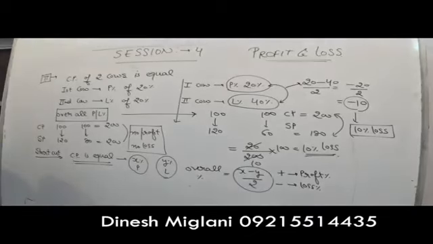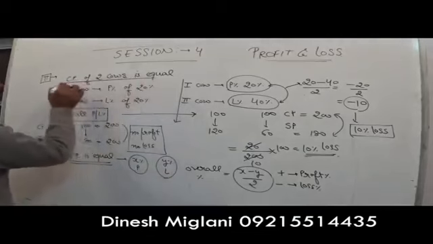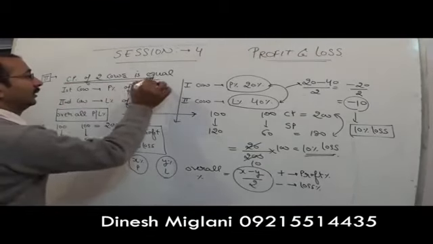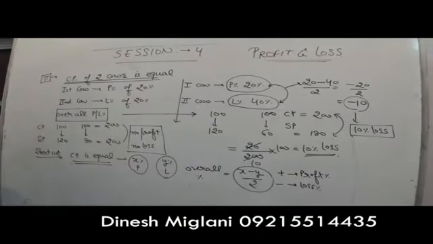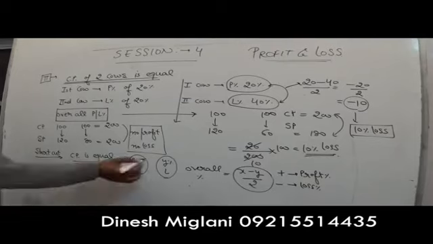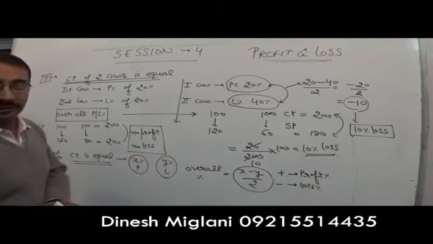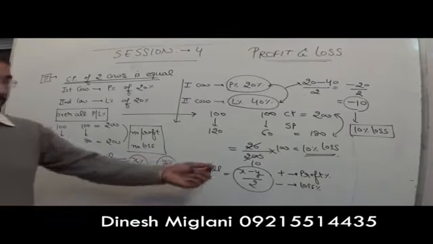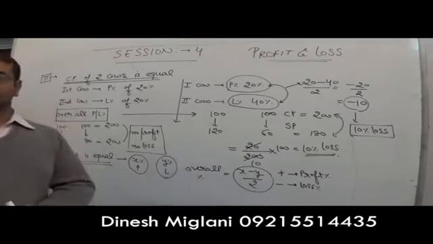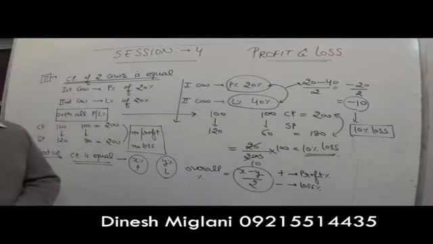I think this first concept is clear to you. The first topic talks about where CP is equal. Where CP is equal and one is sold at profit, second is sold at a loss percentage. For finding the overall profit or loss percentage, we just take the average. Means if both are at the profit, it would be X plus Y upon 2. If both are at the loss, it should be minus X minus Y upon 2.